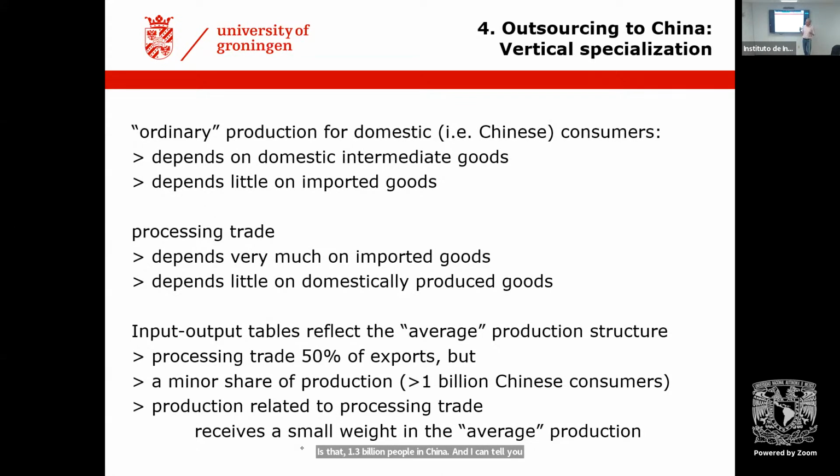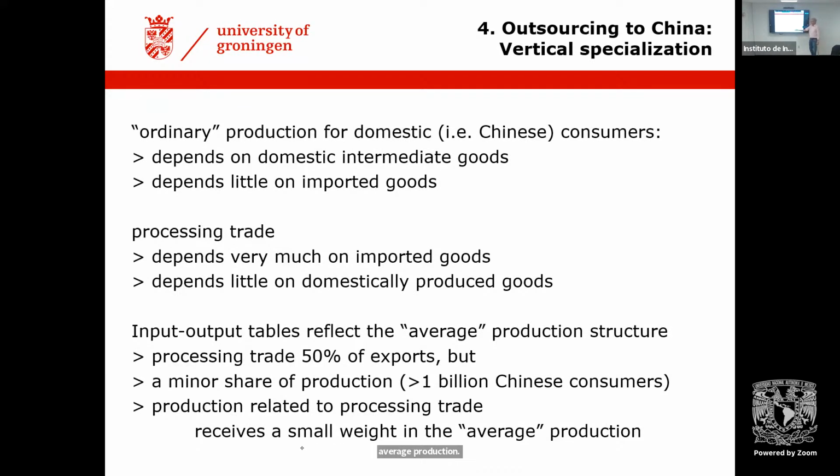So it's an enormous country, and the domestic consumption is enormous in comparison to the exports. So the input-output table is an average of all the different forms of production, and production for the domestic market is dominant. Basically, the production related to processing trade gets a very, very small weight in the average production structure.